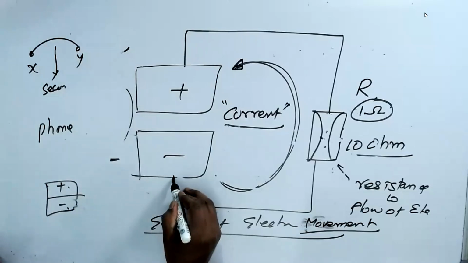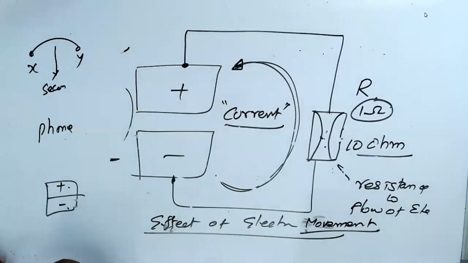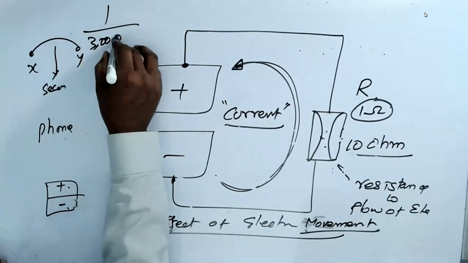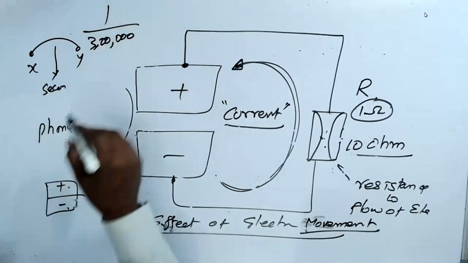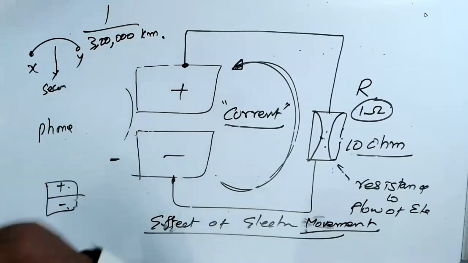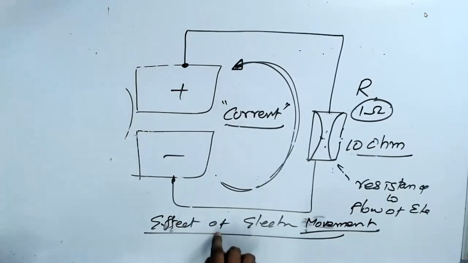But when this electron moves here, you feel the effect here. You know how fast? The effect travels at 3 lakh kilometers per second. Please understand, the effect is called current.